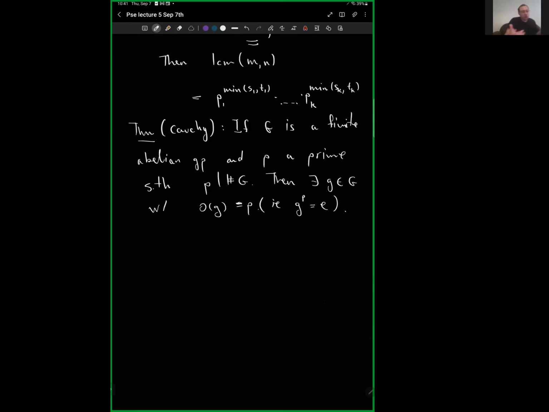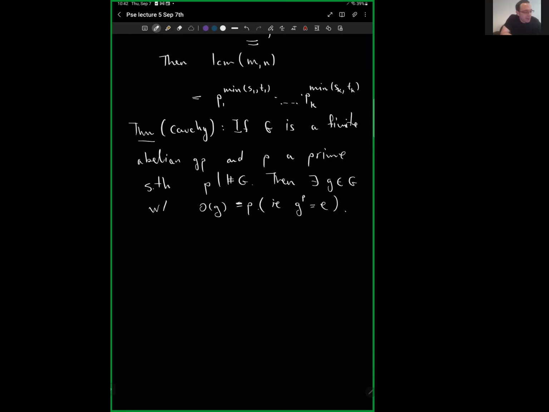Okay, so just in terms of the statement, you can view it as kind of a partial converse to Lagrange's theorem. Lagrange tells you that if you have a subgroup of G, then the order of the subgroup divides the order of the ambient group G. And for Cauchy's theorem, you could ask, suppose I have a number that divides the order of the group G. Do I actually have a subgroup of this order?